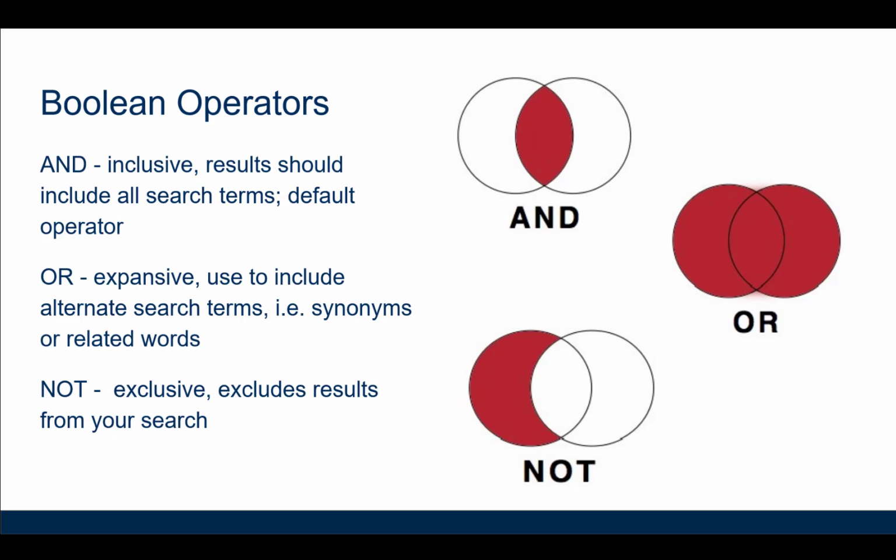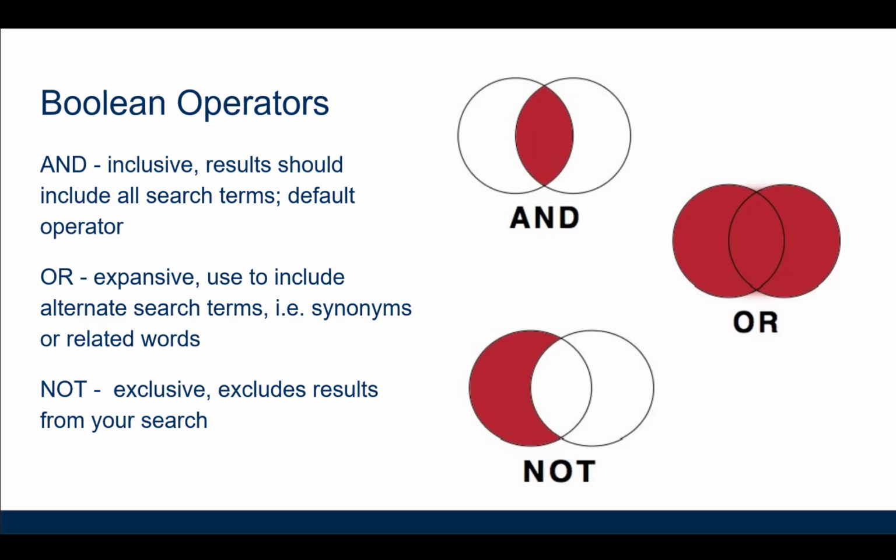To quickly review Boolean operators, AND is the default, it is inclusive, and so all results should include all of the search terms that you combine with AND. OR is expansive, meaning that you can use it to include alternative search terms like synonyms or related words.